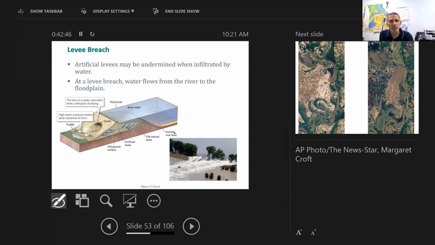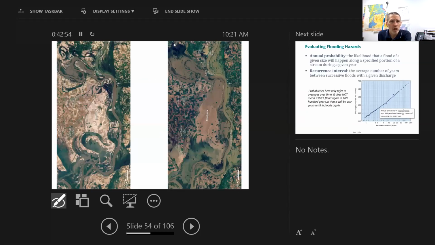Now, about 10 years ago now, we had another example of a levee breach. We had a lot of water flowing down the Mississippi River and the Ohio River, and we modeled how high the water was going to get, and it was going to inundate the city of Cairo.